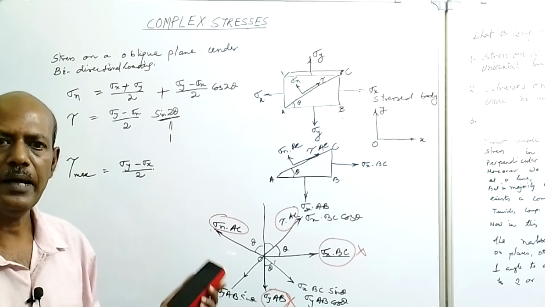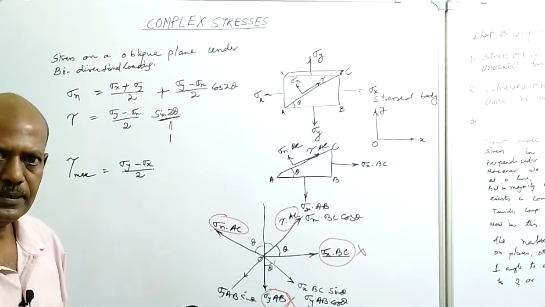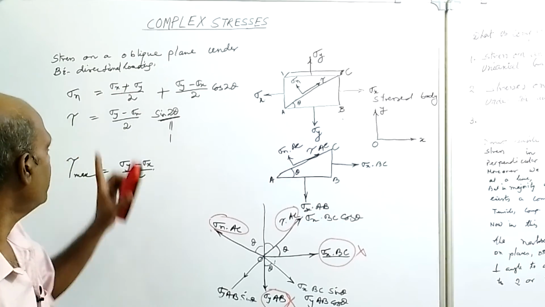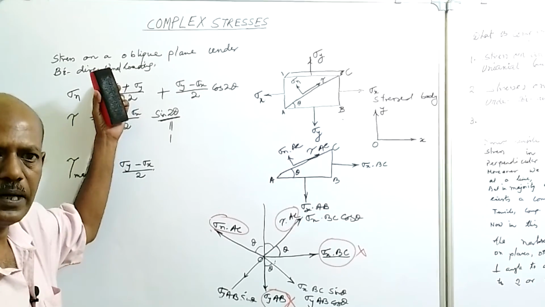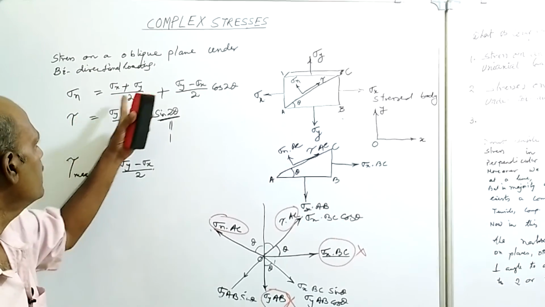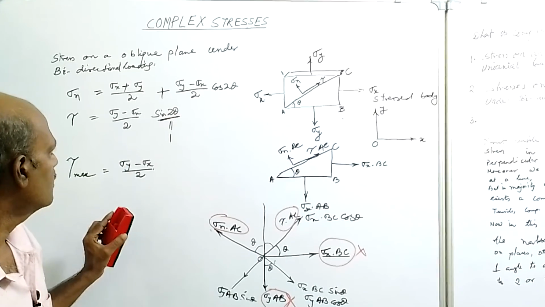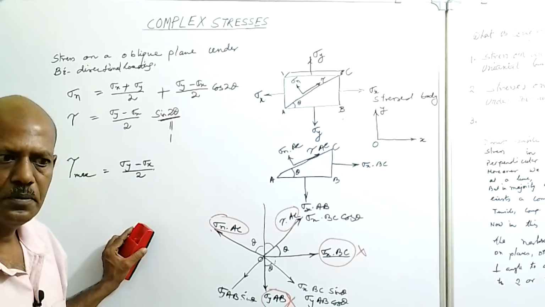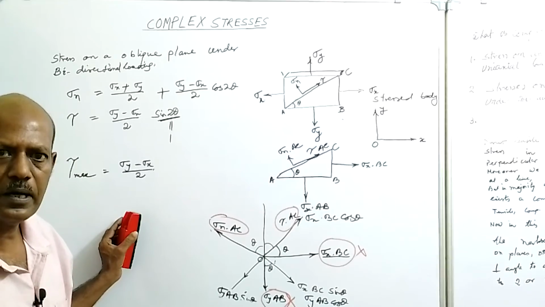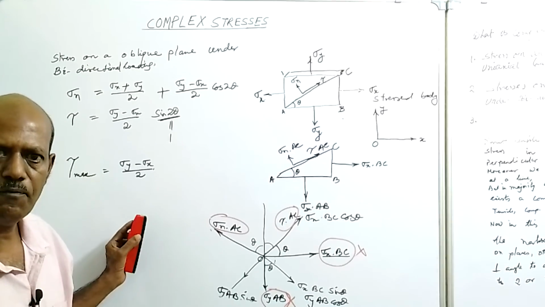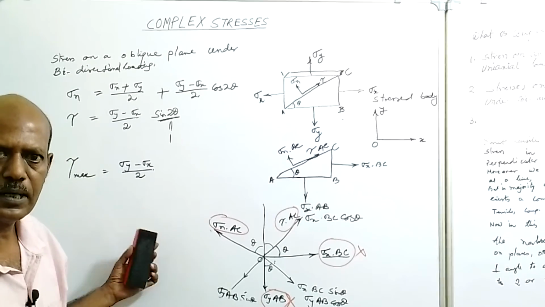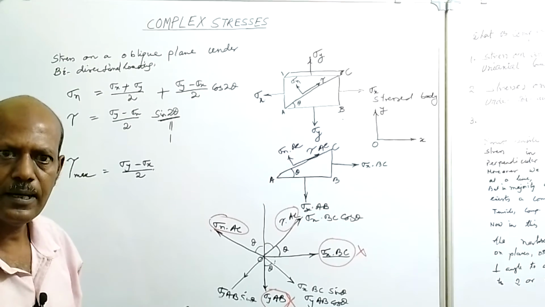Similarly we have seen the bidirectional case, and the sigma n and tau value is given by these equations. I hope this will clear your doubts regarding the complex stresses, and the rest of the cases we will discuss in the next video.